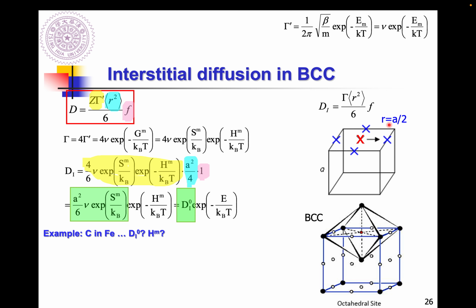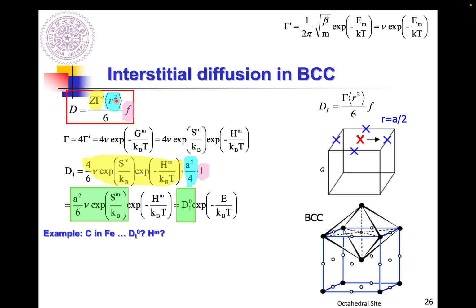Simply, you determine there are 4 possible jumping directions, so z equals 4. And the small r is the jump to the nearest octahedral interstitial site. Then this distance small r is a divided by 2.